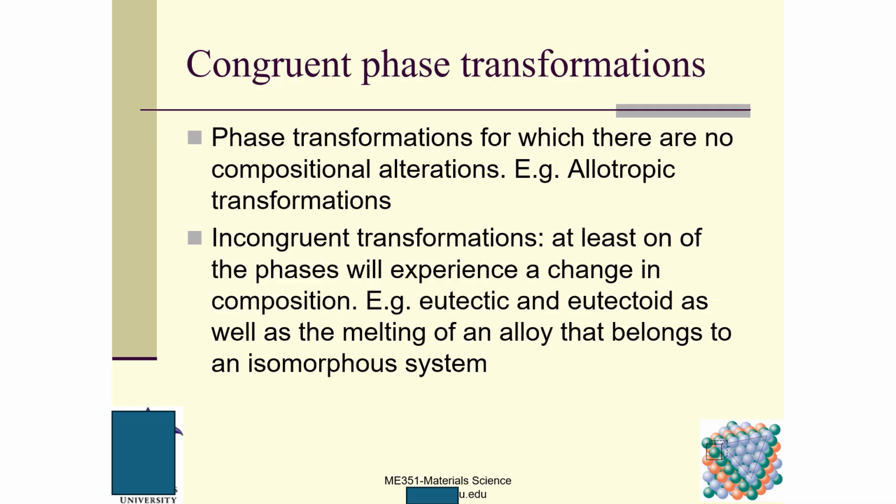So there is no compositional alteration. In incongruent transformation, at least one of the phases will experience a change in composition, for example, eutectic and eutectoid, as well as the melting of an alloy that belongs to an isomorphous system.